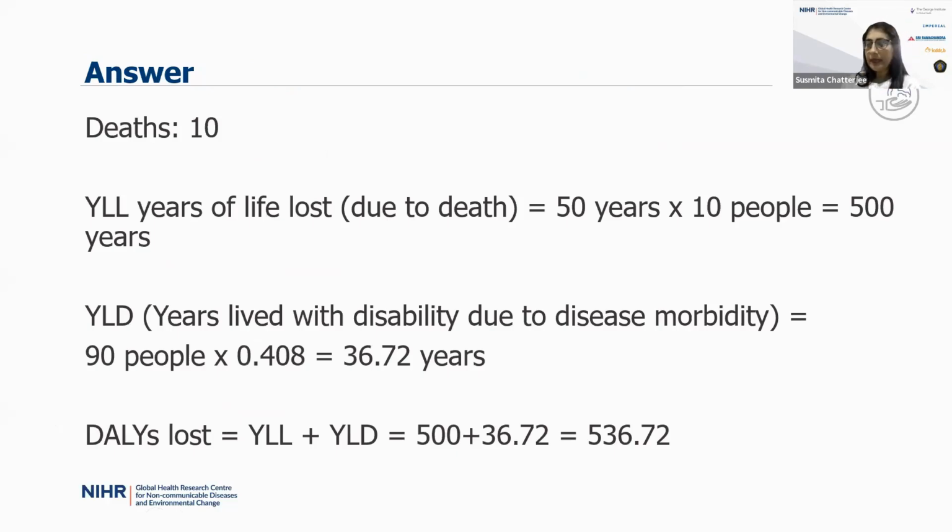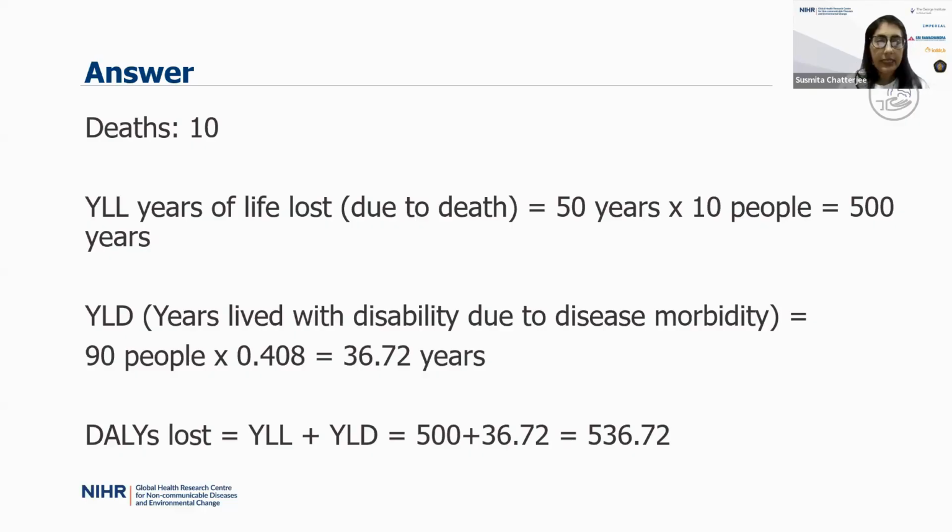You will interpret that without this intervention, this many lives were supposed to be lost, and this many are lost if we have the intervention, then subtract. And we subtract at the DALY level, not at the years of life lost level, because if we go for DALY, that means YLD, the morbidity, also needs to be considered. So your final interpretation is that with my intervention, 536.72 DALYs were lost.